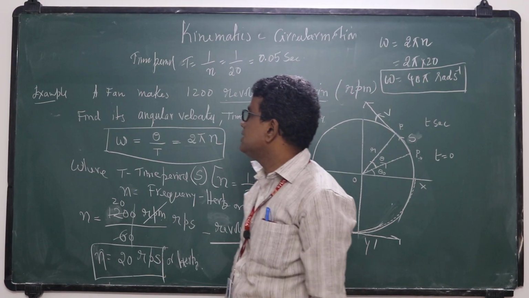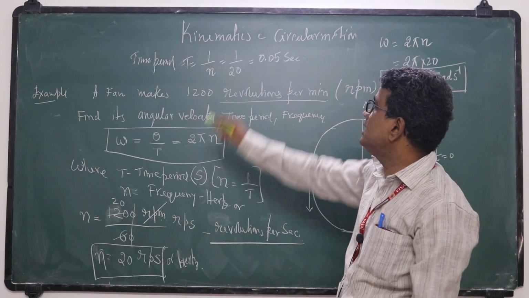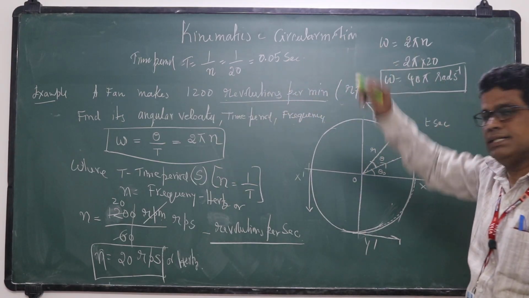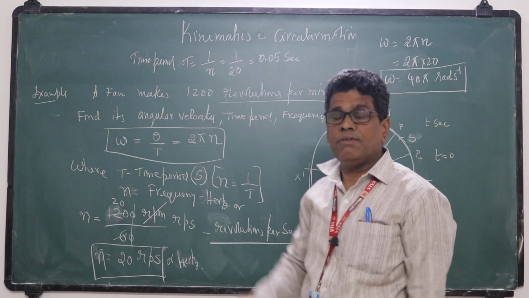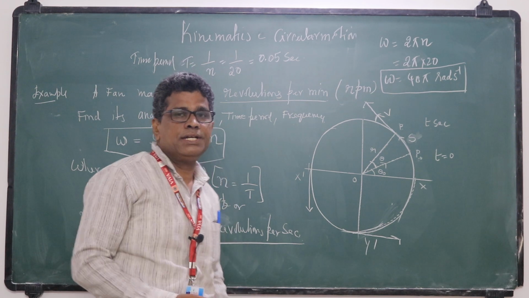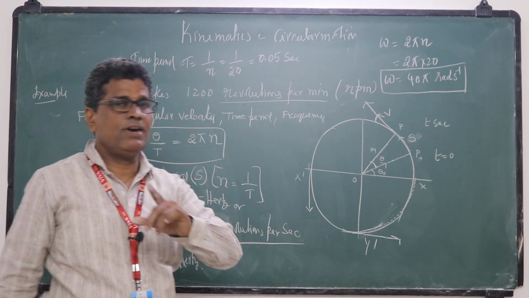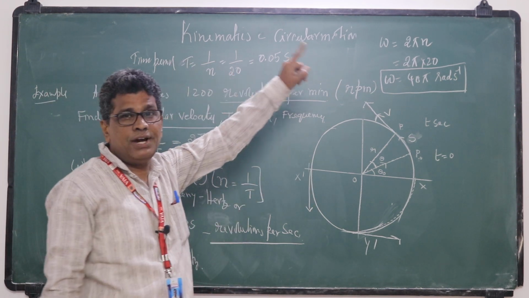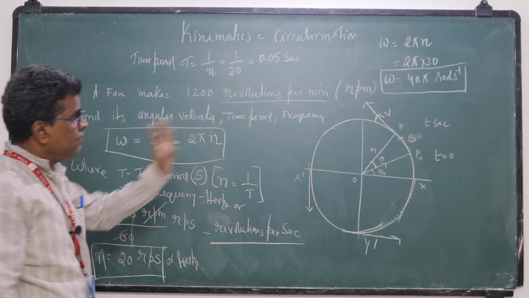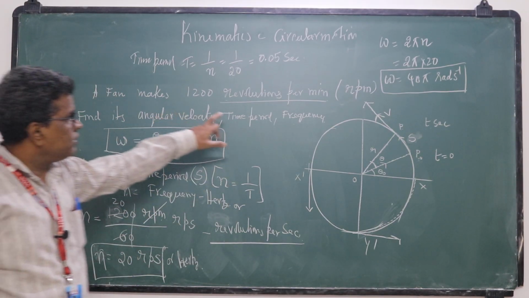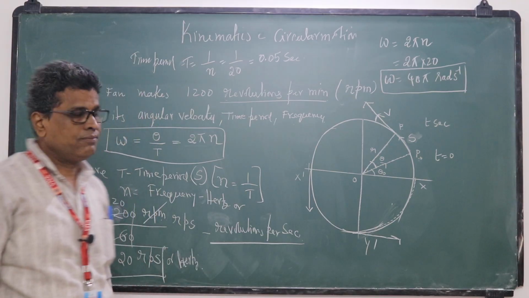So that is the time period. What is the time period? 0.05 seconds. That means for making one rotation, the blades of the fan will take 0.05 seconds. Clear? So I found omega, time period, and frequency.